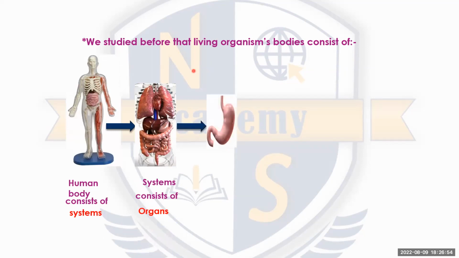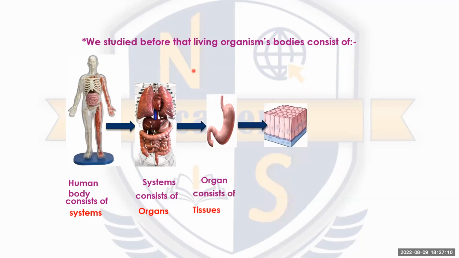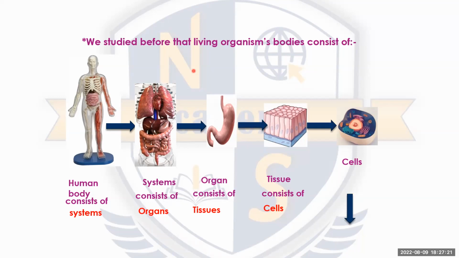And the organs consist of tissues. And these tissues consist of cells. Cells are the smallest building unit of the body of any living organism, right?